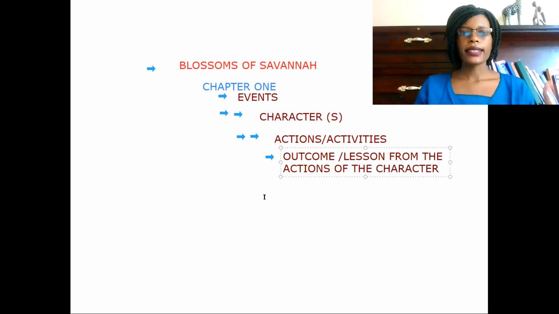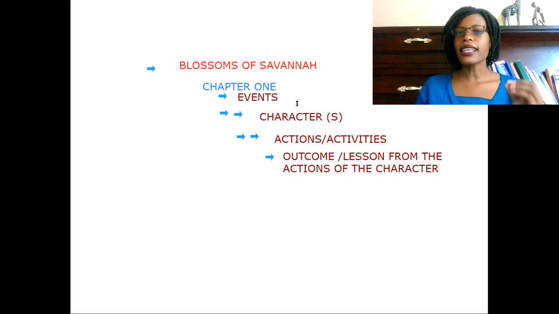So you see, it's moving from one step to the other. You start by identifying the event, then you move to the characters involved in that event, then to the actions or activities the characters are involved in, then you look at the outcome or lesson from the actions of the characters.